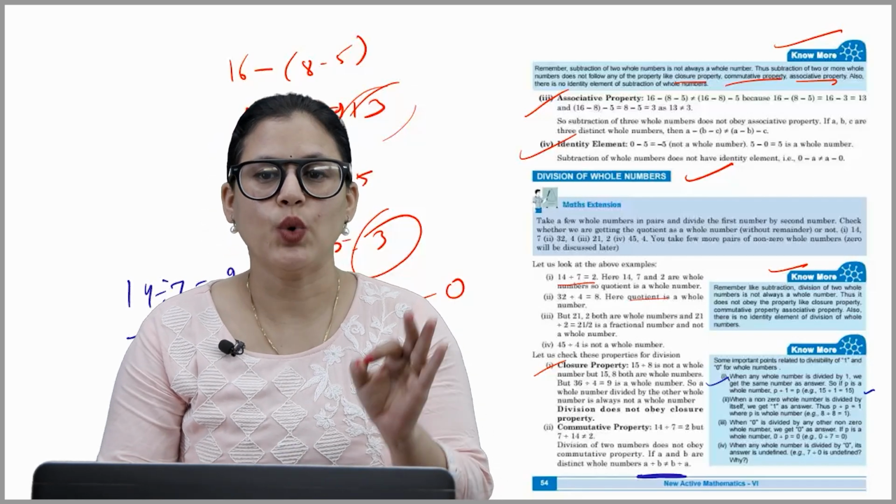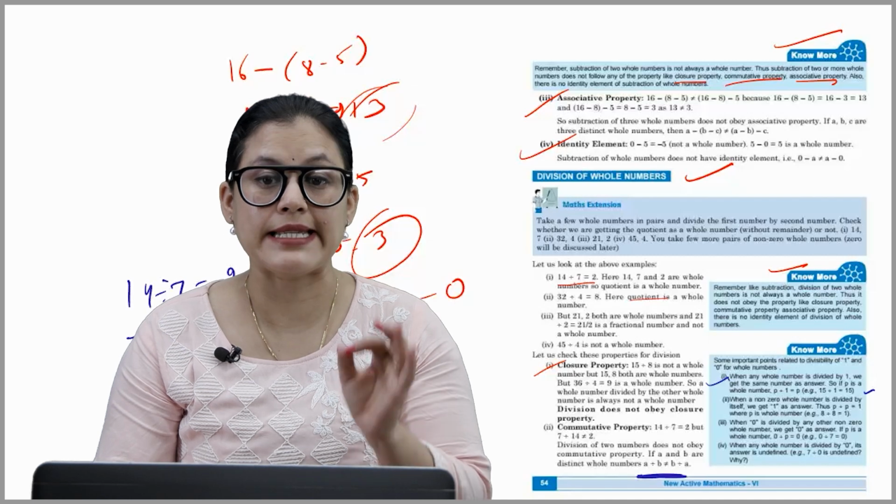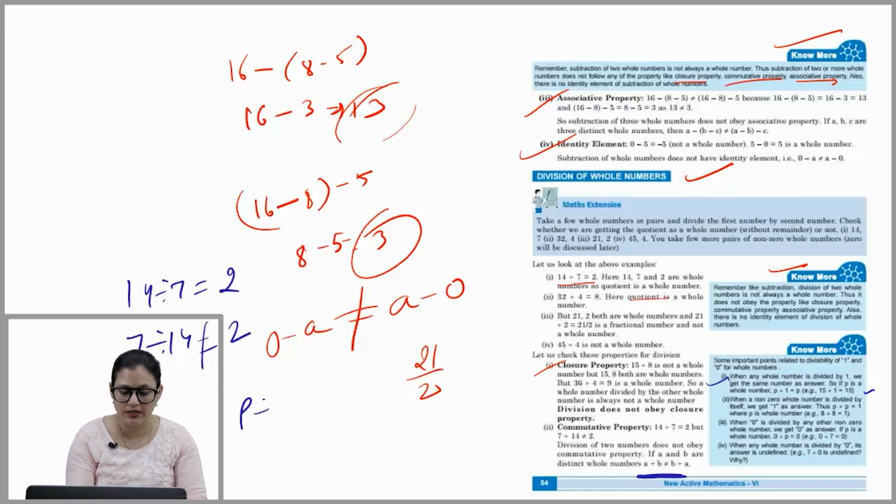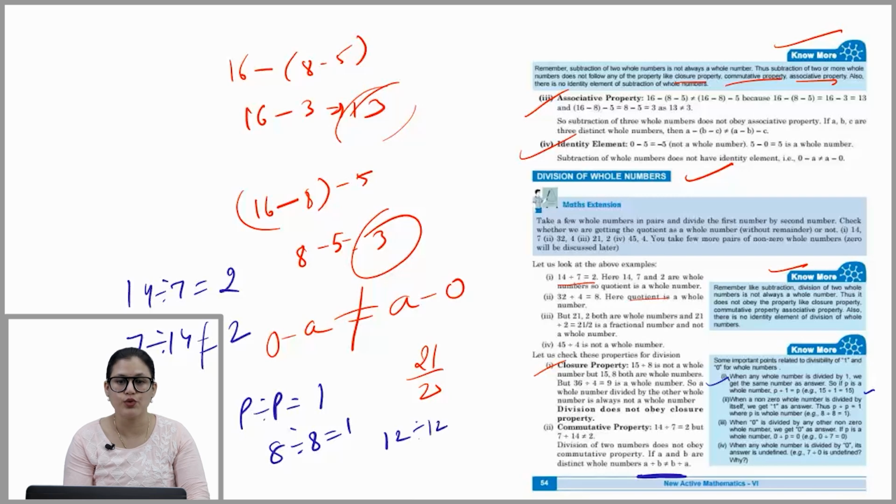Number 2, when a non-zero whole number is divided by itself, we get 1 as the answer. That is, P divided by P is equal to 1. You can take any number, like 8 divided by 8 is equal to 1, 12 divided by 12 is equal to 1. Here P is a whole number.